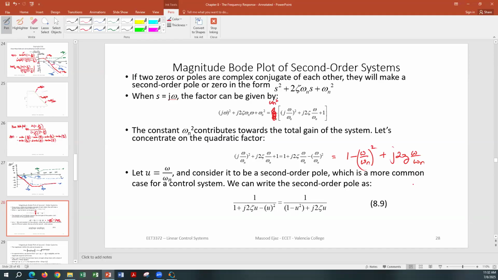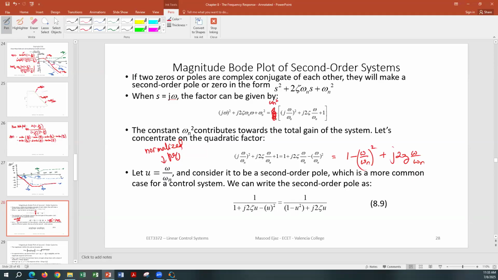Omega over omega n we consider to be a normalized frequency, and we assign it a variable u. Omega is, of course, changing, omega n is constant, so omega over omega n we can consider as one variable, u.